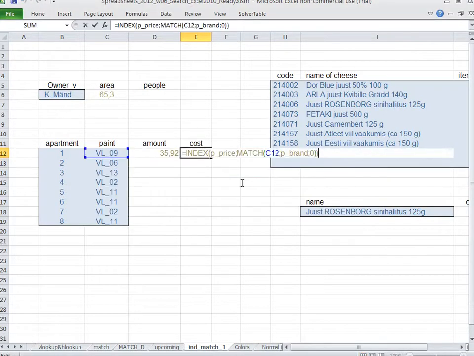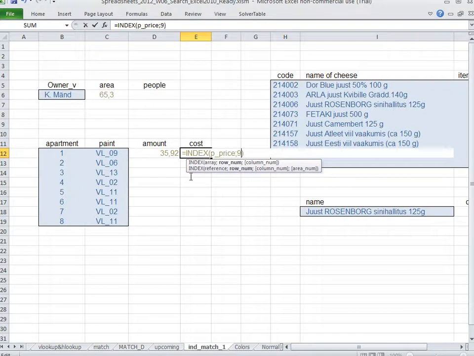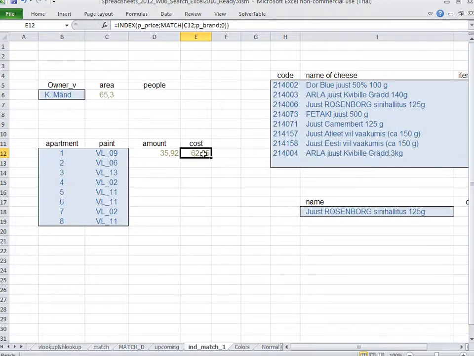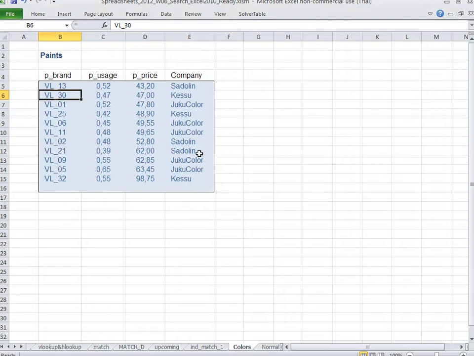MATCH told us VLO9 is on the 9th row. MATCH was replaced with 9, and now with INDEX we go to P price, we go to its 9th row, and take the result, which is $62.85 or krones or euros, and this is the price for that paint.